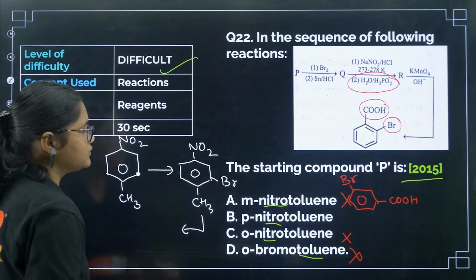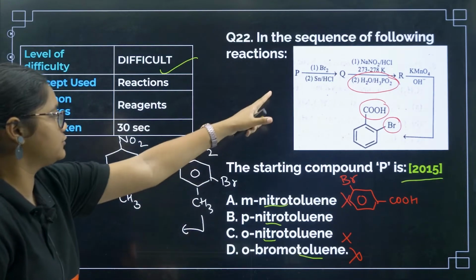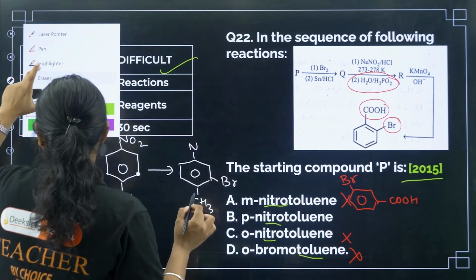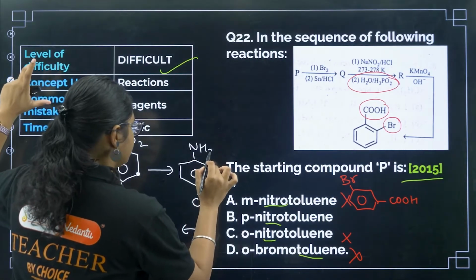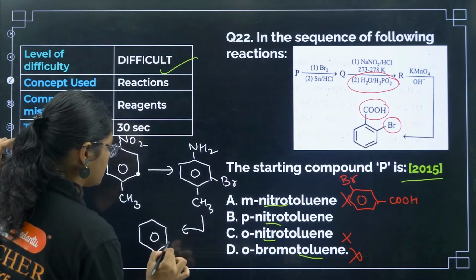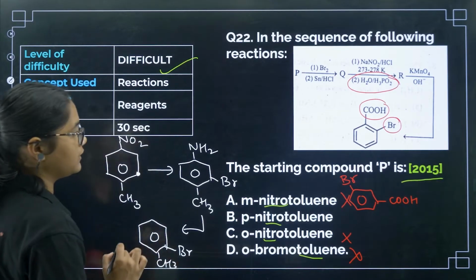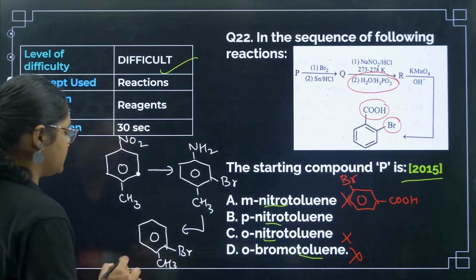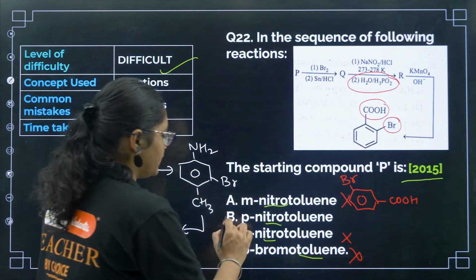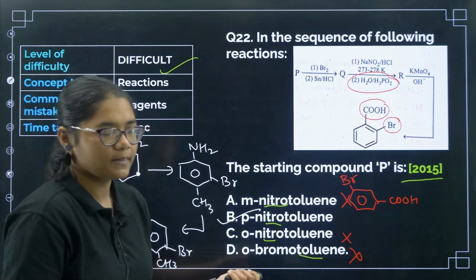Now once you treat it with SnHCl, this will get converted to NH2, right? Then with NaNO2 HCl and H3PO2, after that what will happen? This one will become H, here I will get bromine, and here I will get CH3. Then once you treat it with KMnO4, we will get the required product. So the correct answer here will be option number B.